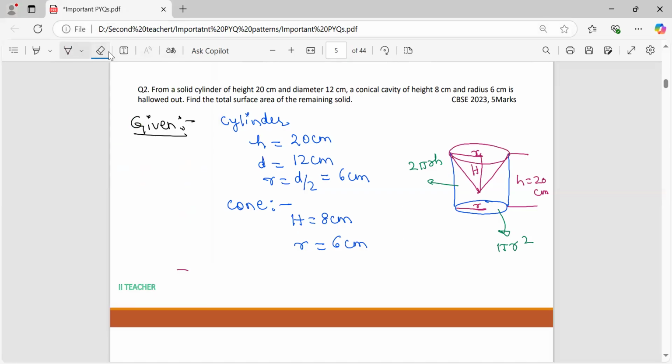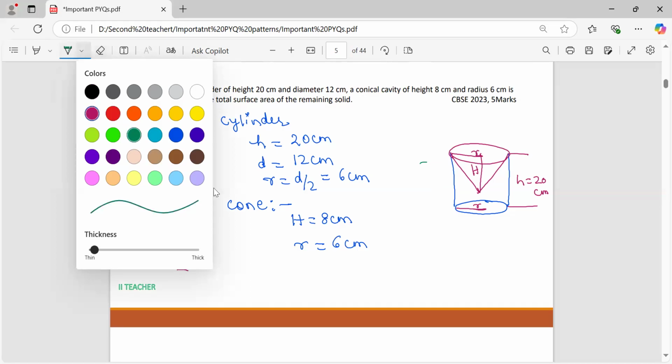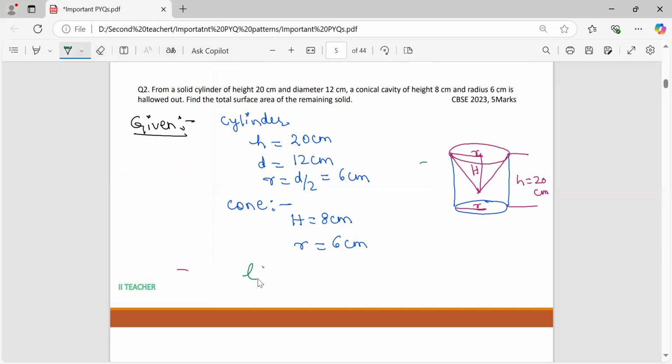So then I need the L. Clear? I need the L here, so that I have to calculate. So what is the formula for L? L is equal to under root of h square plus r square for the cone. So under root of 8 centimeter whole square plus 6 centimeter whole square.